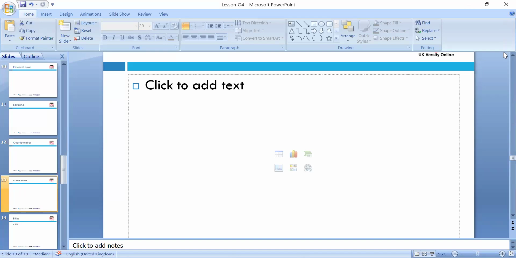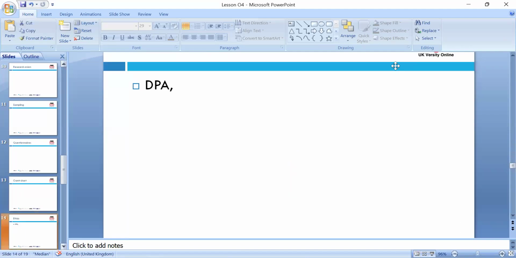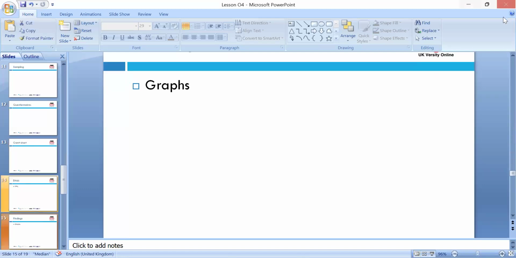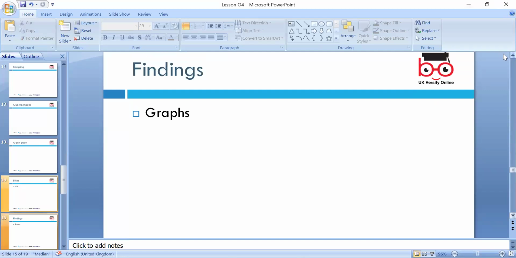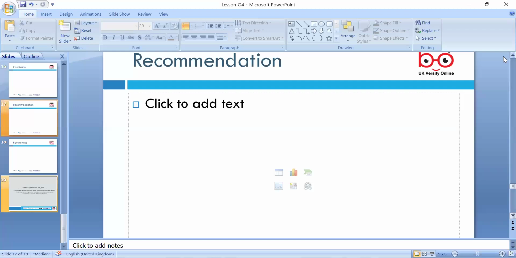Then you can include the Gantt chart, showing what you do and when you do it. Then ethics, like the Data Protection Act and other legislation, making sure the questions are not personal. Finally you present in graphs and charts, and draw the conclusion and recommendation. That's the way we can structure our proposal.